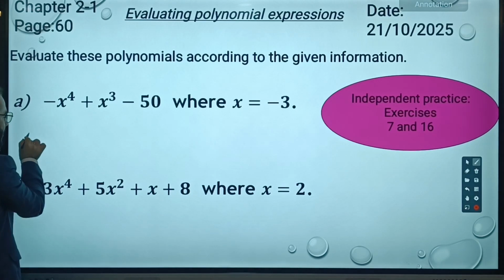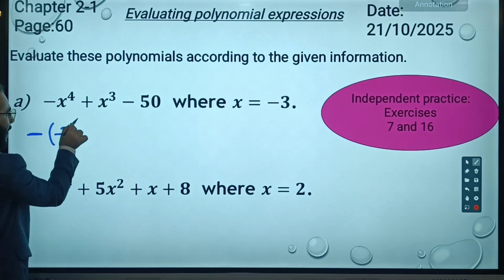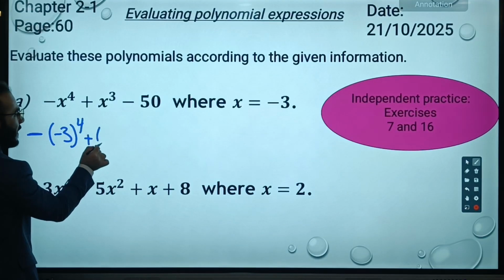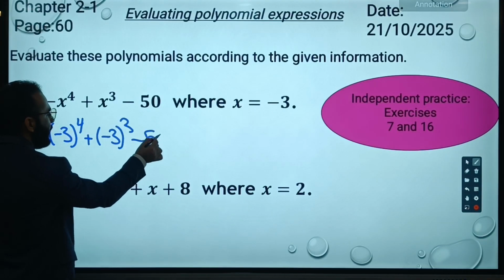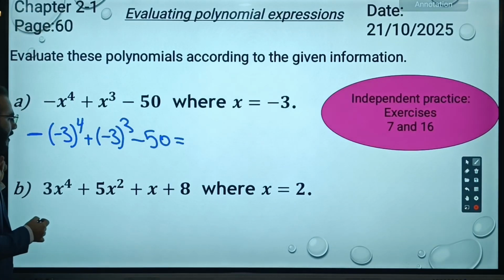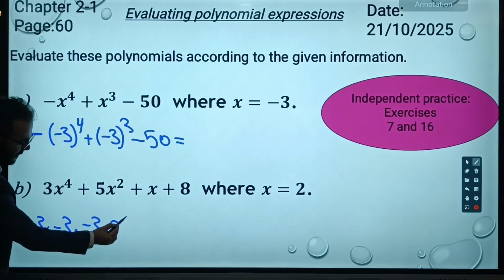There is a negative here, be careful. Instead of x, I have negative 3 to the power 4 plus, instead of x, I have negative 3 to the power 3 minus 50 itself. So here, be careful. Negative 3 to the power 4 is negative 3 times negative 3 times negative 3 times negative 3.